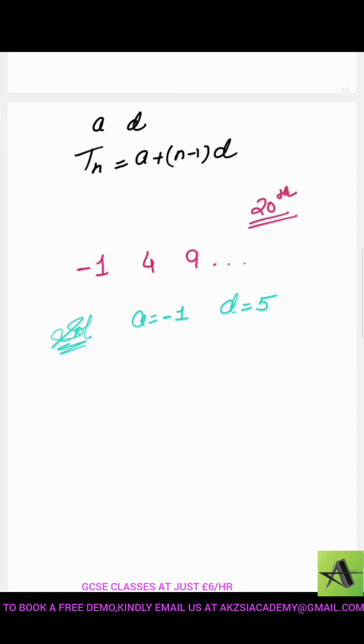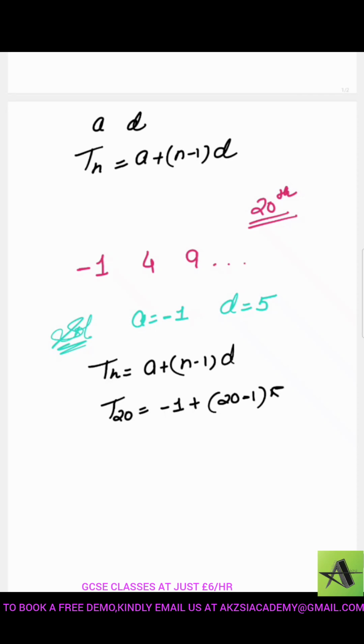So our formula is A plus (n minus 1)d for Tn. Now for T20, I have to replace n with 20, A with -1 and d with 5. So -1 plus (20 minus 1) times 5.